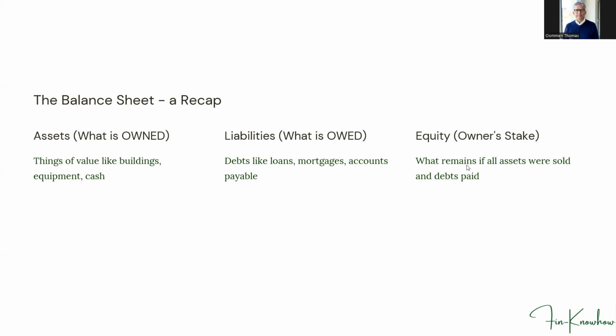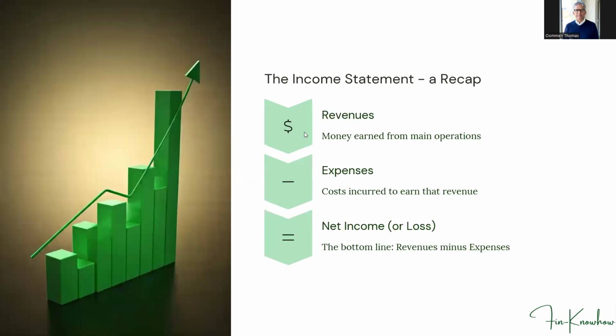It also has the owner's stake, or the equity, which is all the equity capital that was raised to fund the business. The income statement reports the revenue from the sale of the product, less the expenses, to determine what the profit or the net income was.